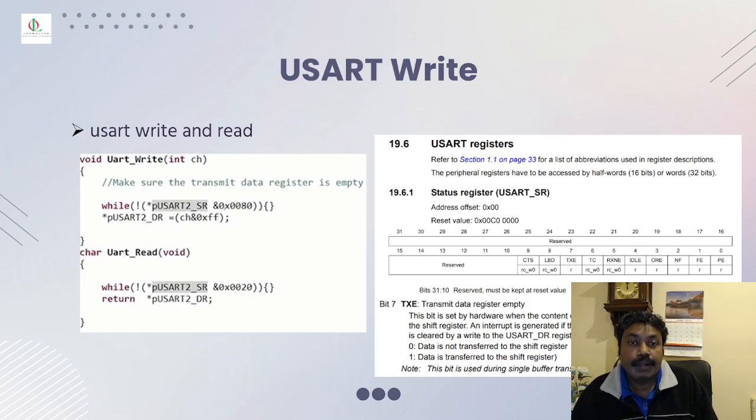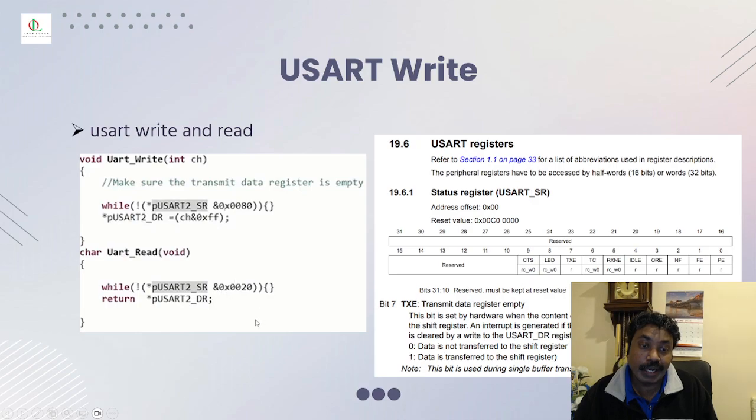And today we're going to learn about USART write and read to transmit and receive. For the USART transmit, you need to first enable bit 7, transmit data register empty. You need to set it to 1. This is set by the hardware, and the content of the transmit data register can be transferred to the shift register, and from there the data register will fetch the data and show you the data.